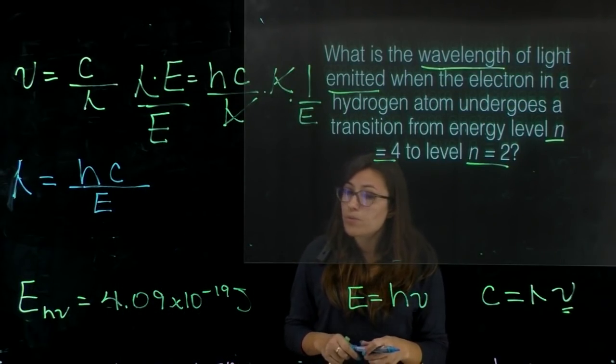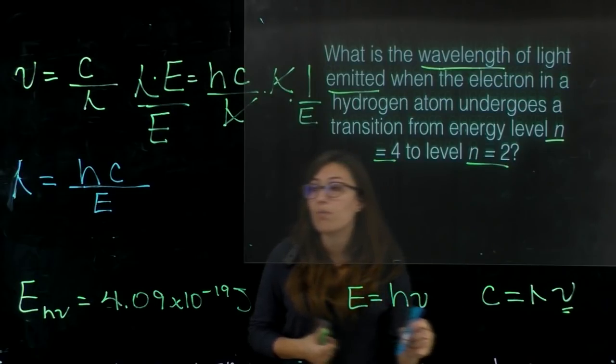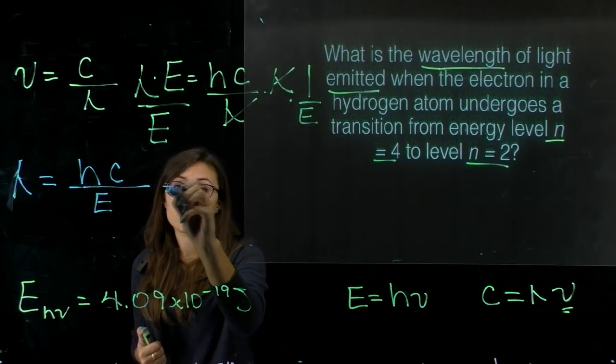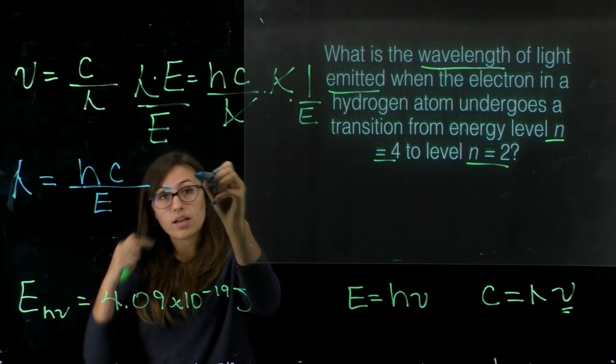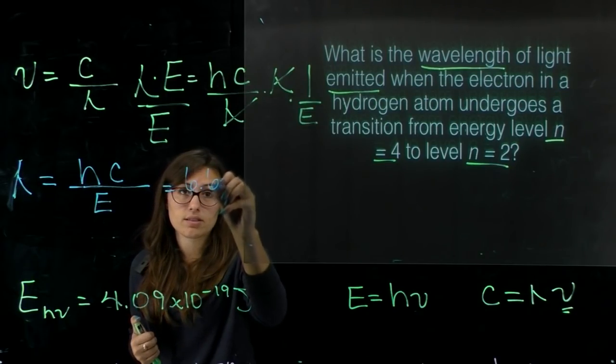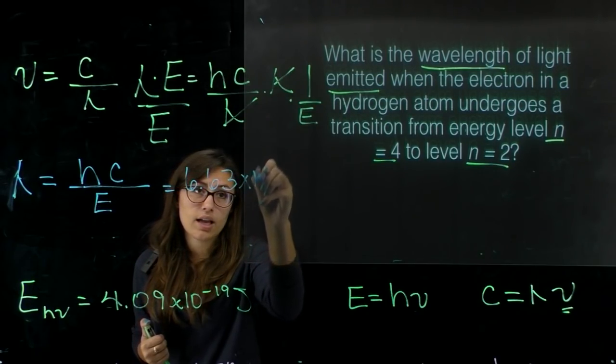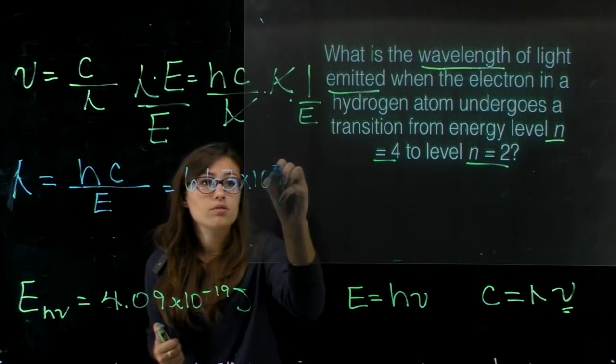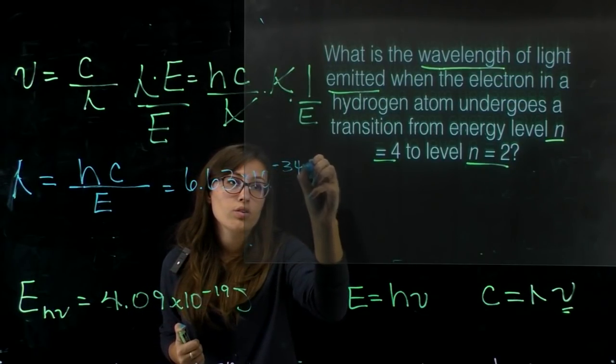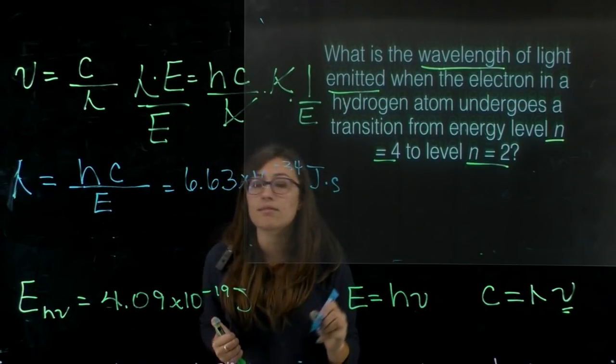Once we have this, we just plug everything in. We know these three variables. Planck's constant is 6.63 times 10 to the minus 34 joule seconds.